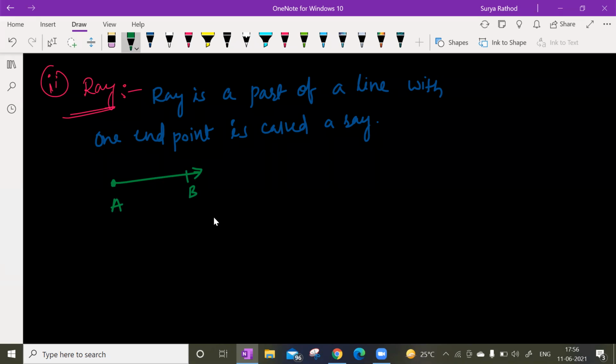Understand? The ray AB is denoted by how? How can we denote it? Like this. Understand, children?